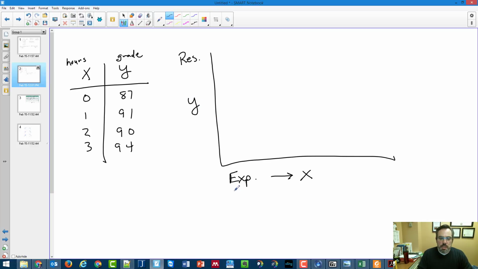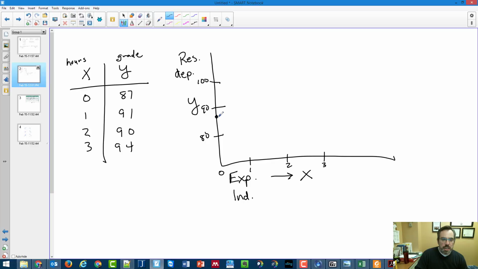So remember, this is our independent variable and our dependent variable. For something like this, I would have my explanatory variable values 0, 1, 2, 3. And I've got scores in here, and I'll just put generic ones up here: 80, 90, and 100. A scatter chart is probably one of the most basic charts that you will put together.